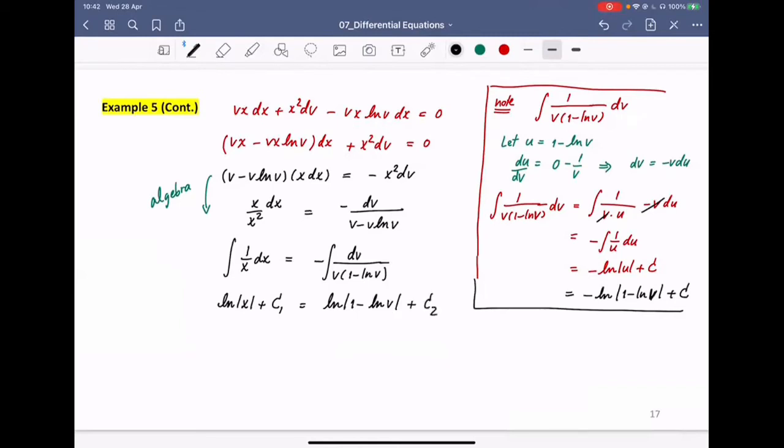You integrate that, just use the note that you just integrated, and then after that you group the constants together, so your answer is going to be log absolute 1 minus log v equal to log absolute x plus some constant c.